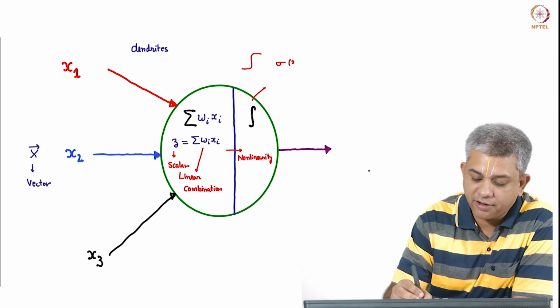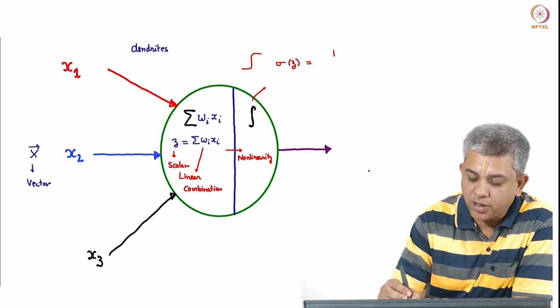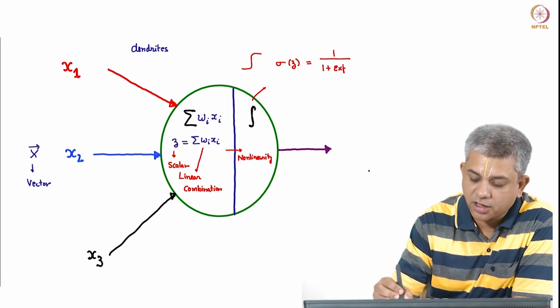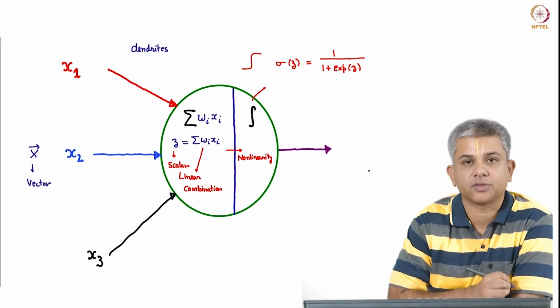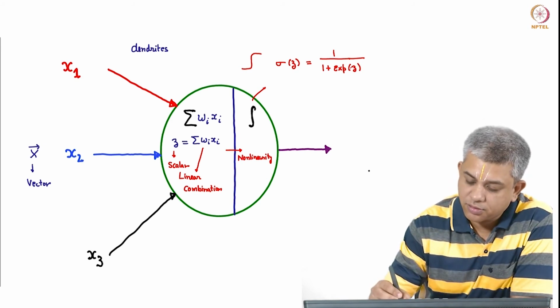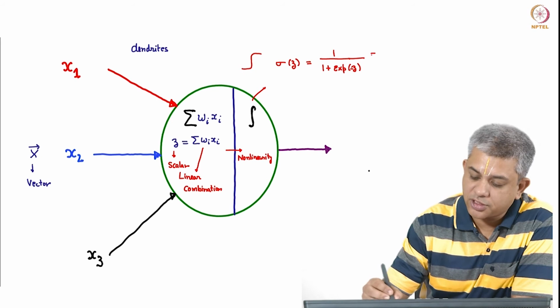So, sigmoid of z would be 1 by 1 plus exponential of minus z.